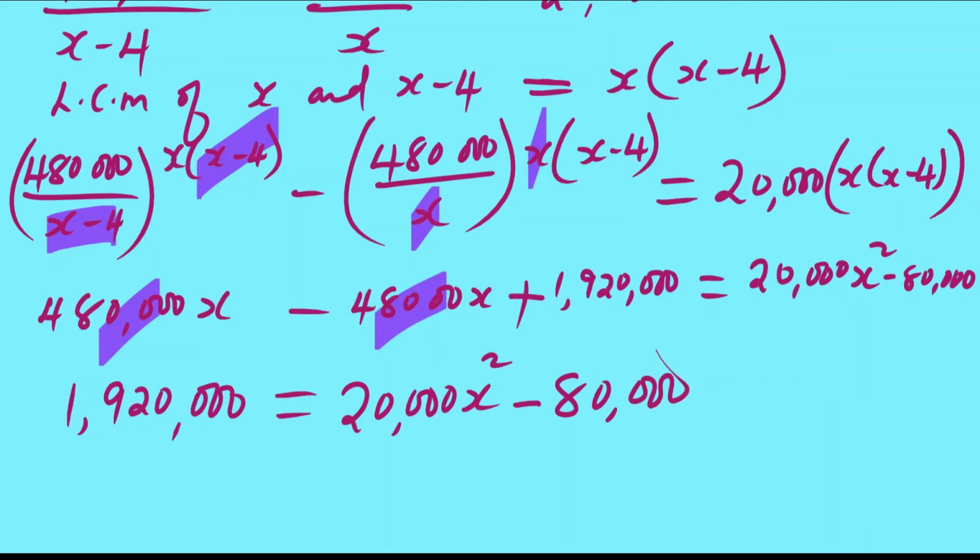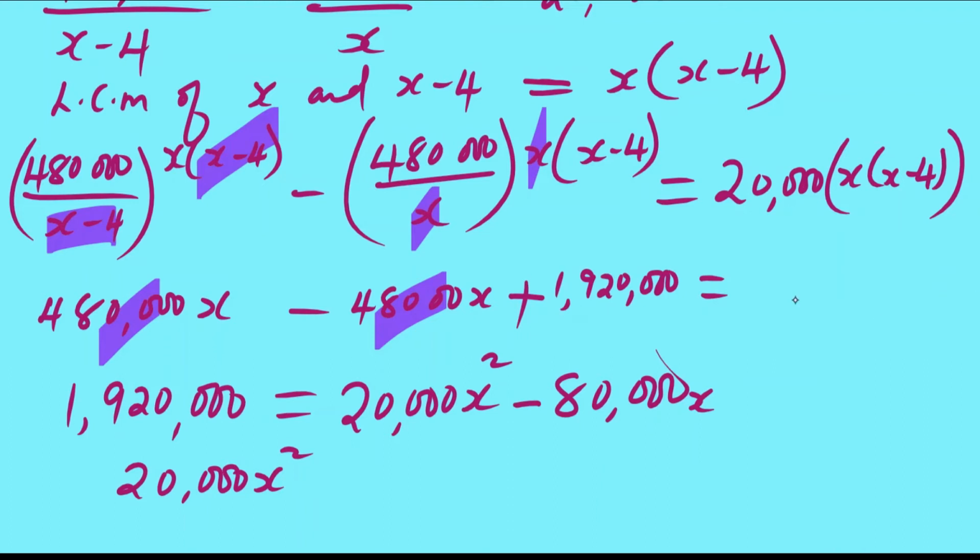Now we reorganize this equation to be in the format of a quadratic equation for easier solving. So I bring this 1,920,000 to the other side. So I'll get 20,000 X squared, then this is X, I'm sorry, this will be minus 80,000 X. So you can correct it somewhere here.